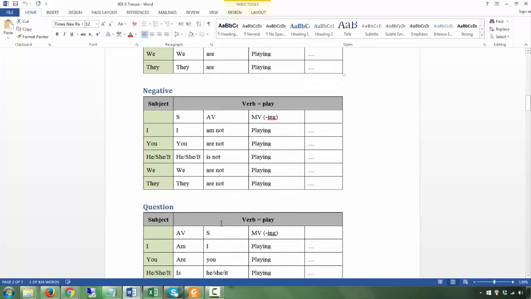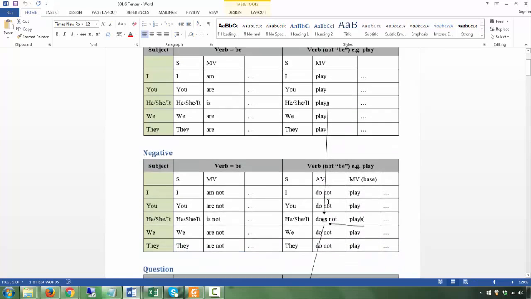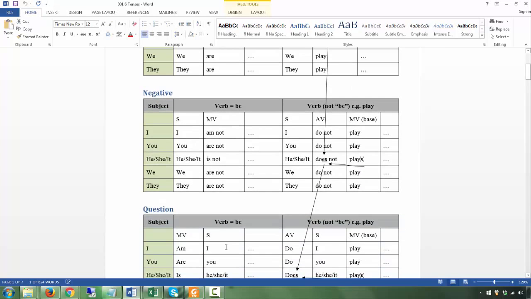Okay, and in present simple later you'll see that the auxiliary verbs come in your negative and in your question. Like when you do a negative for the non-be verb, when you do a negative for play, rather than saying I play, I do not play. Now this do is not a main verb.